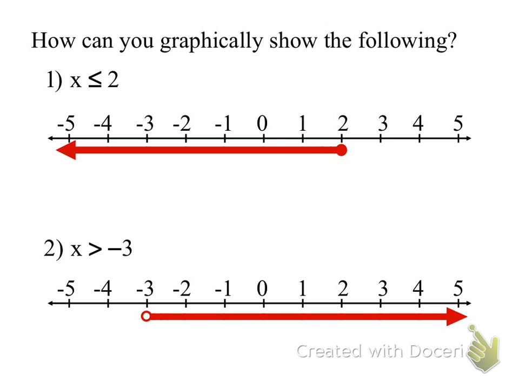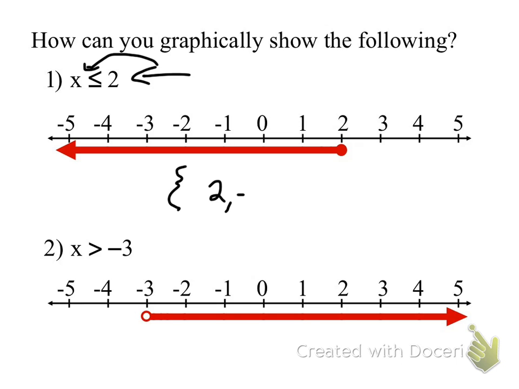Okay, questions? Anybody? Eva? Okay, if I were to list all the numbers in the top one, the numbers that go into the set that are part of this solution that would make this a true statement, I could put a 2 in there.